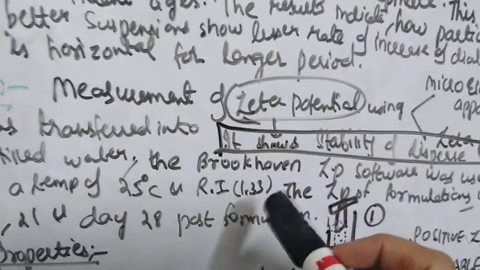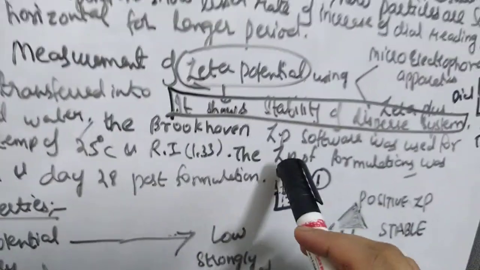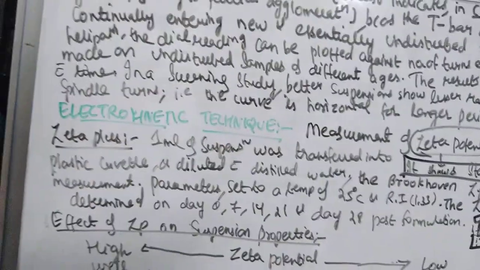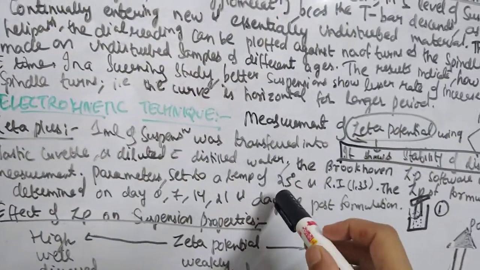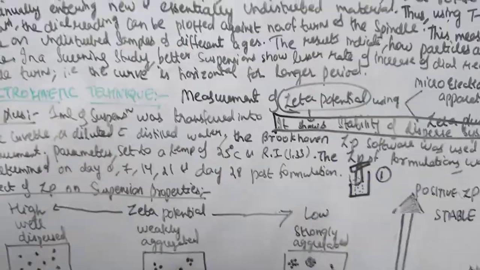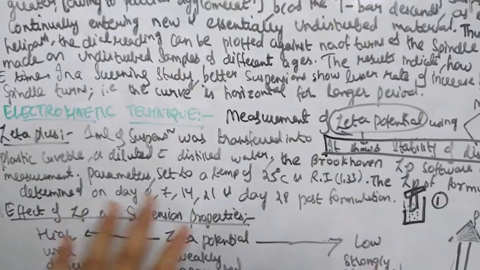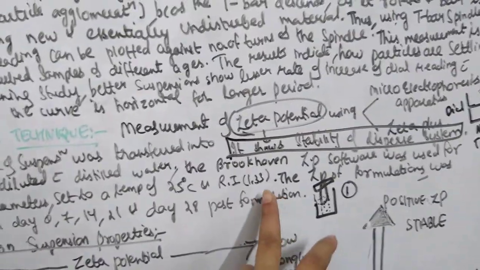The software used is Brookhaven. The Brookhaven zeta potential software was used for the measurement of zeta potential, and the parameters were set to a temperature of 25 degrees centigrade and a refractive index of 1.33 in the Zeta Plus machine.